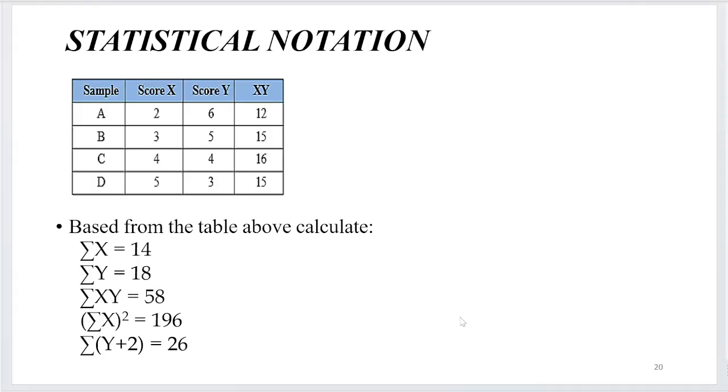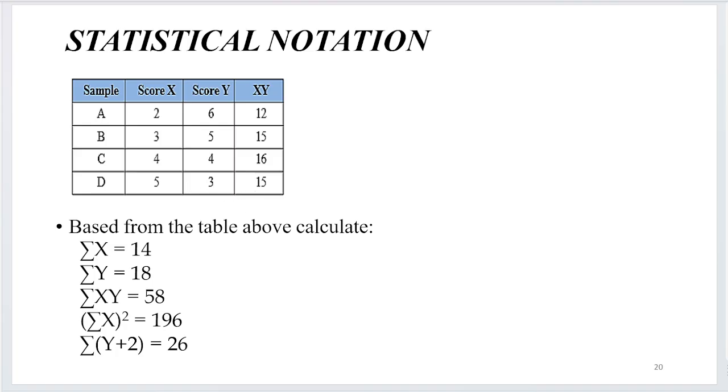In this slide, we have a numerical example representing given values of x: 2, 3, 4, and 5, and given values of y: 6, 5, 4, and 3. And x times y means 2 times 6 is 12, 3 times 5 is 15, 4 times 4 is 16, and 5 times 3 is 15.